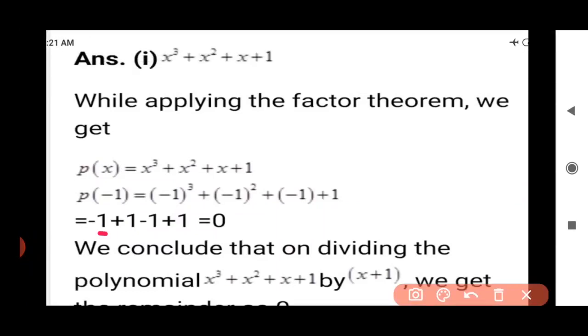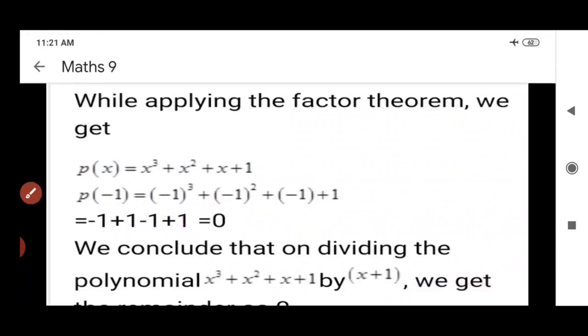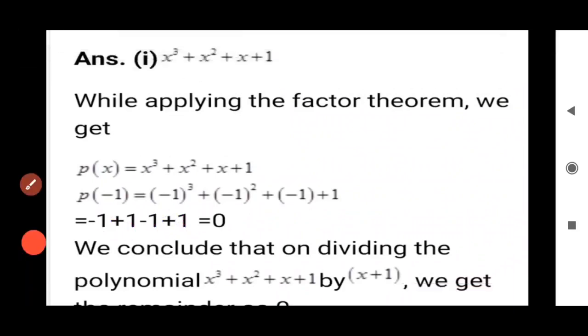Minus 1 cube is minus 1, minus 1 squared is plus 1, minus 1 plus 1 is 0. You get 0. So we conclude that on dividing the polynomial x cube plus x squared plus x plus 1 by x plus 1, the remainder is 0.